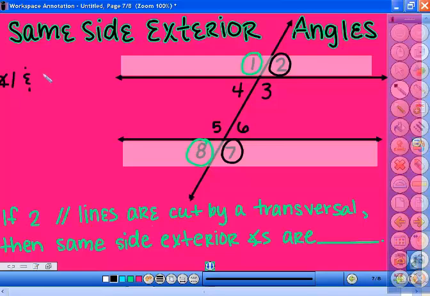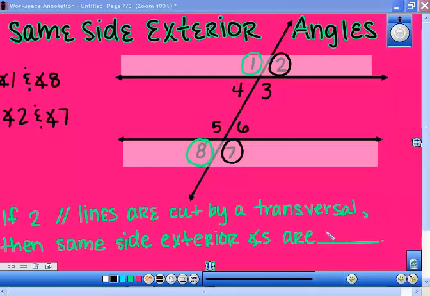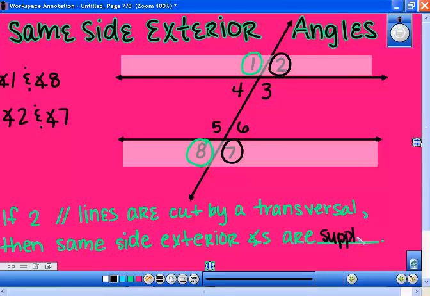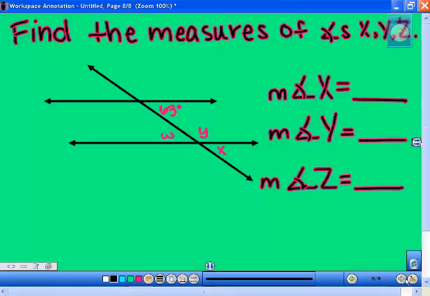So we have 1 and 8, and we have 2 and 7. Now these, again, if we look, acute and obtuse, those are not congruent, so they are supplementary. And again, if you need to make that note, that means add to 180 degrees.